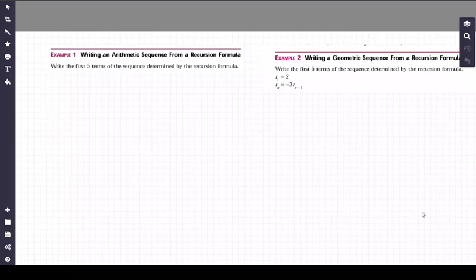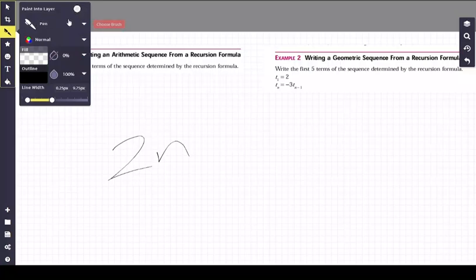In the couple of lessons before this, we did simple stuff. Let's say we had 2n. With any function, let's say we had a function in terms of y of x.